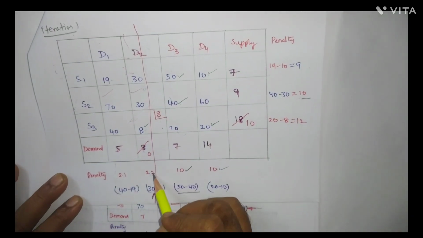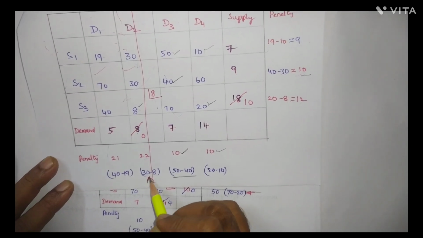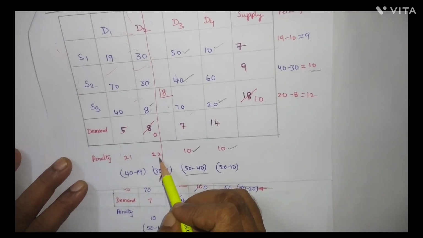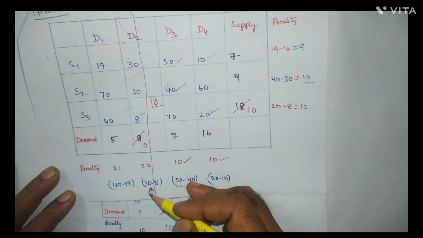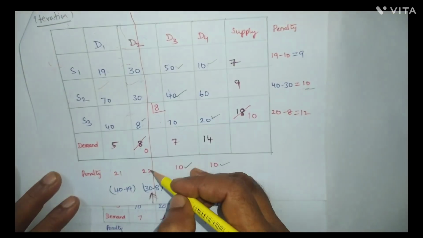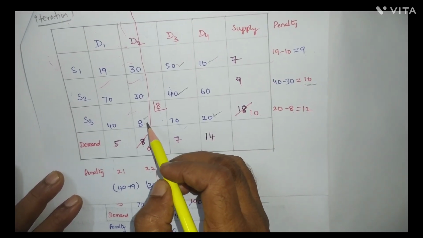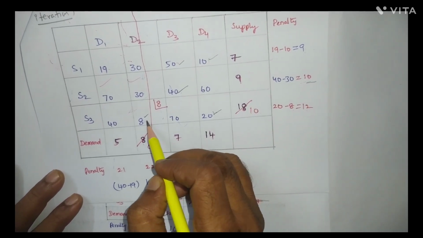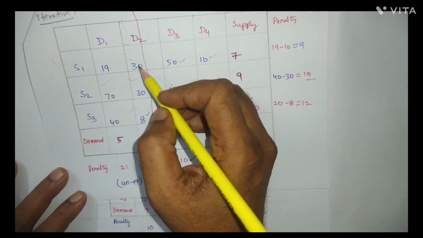The maximum penalty value is 22. So we consider the D2 column. In this column we again identify the least cost cell. Here 8, 30 and 30. So 8 is the least cost cell.